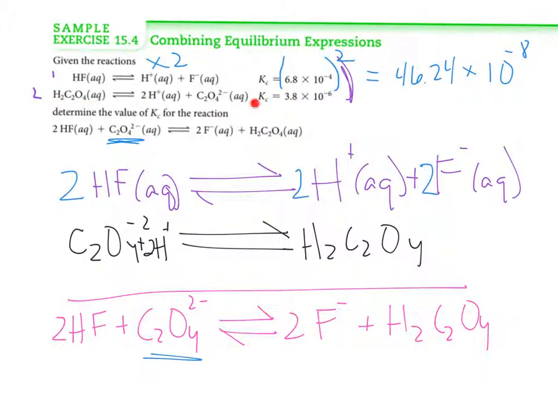But since I flipped it, what do I have to do to my equilibrium constant? Let's look at our notes and check that out. Oh, if I flip a reaction, if I take it in the reverse, I have to take the reciprocal. So for this, I need 1 over Kc, which is 1 over 3.8 times 10 to the minus 6, which is a very large number.